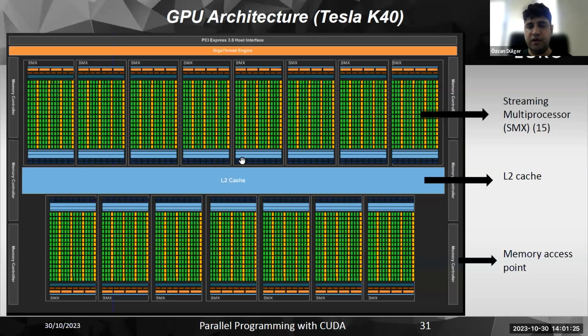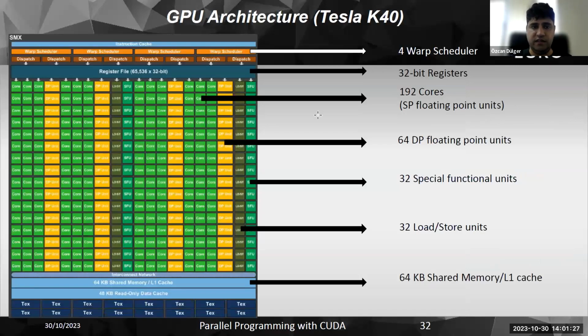Let's look at the streaming multiprocessor in detail here. This is a streaming multiprocessor. As you see, there are many cores here in the K40 board. There are 192 single precision floating point units, 64 double precision floating point units, and 32 special function units that are used for special functions in mathematical operations.